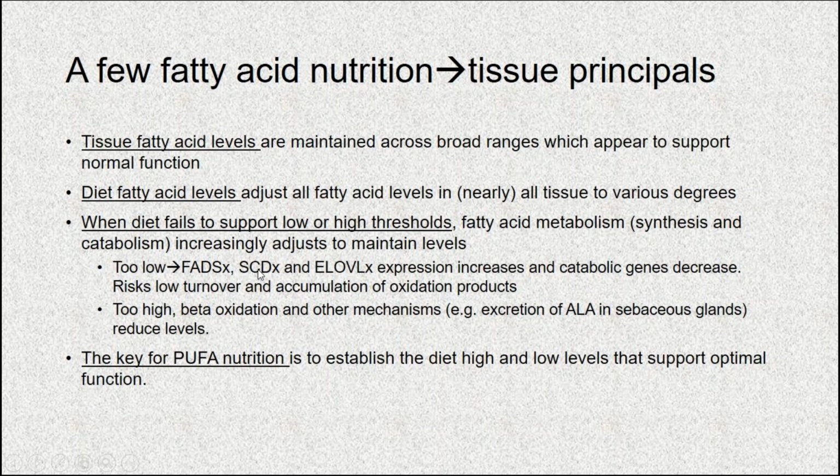This is the sterol-CoA that is less involved with polyunsaturated fatty acids. It's these guys that are most important. Those kick in, and then there's also beta oxidation that kicks in. But the key for our PUFA nutrition is to establish the diet high and low levels that support optimal function.